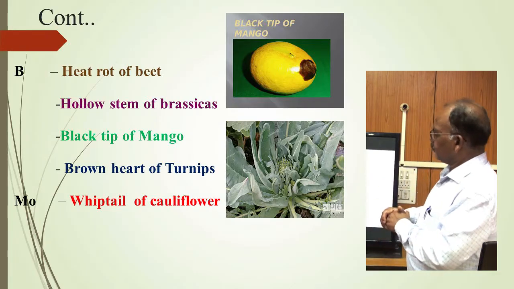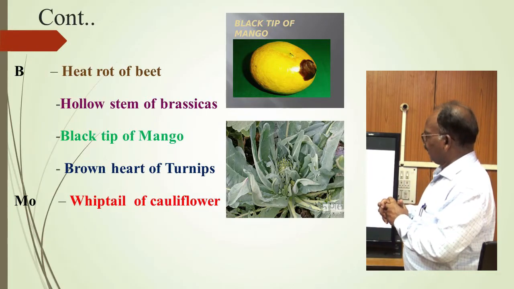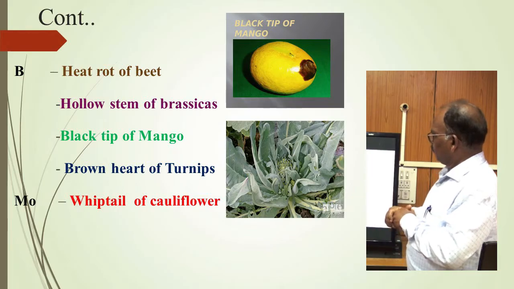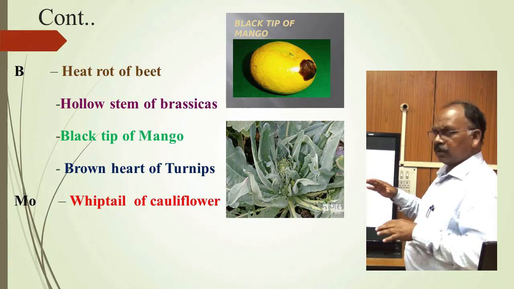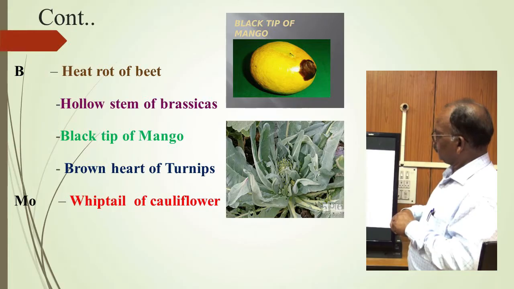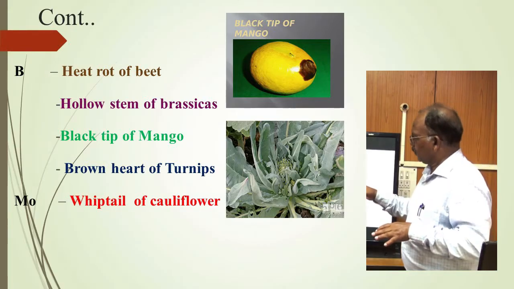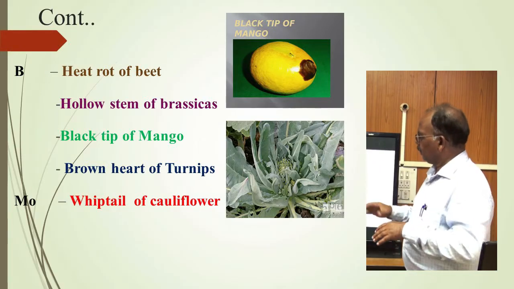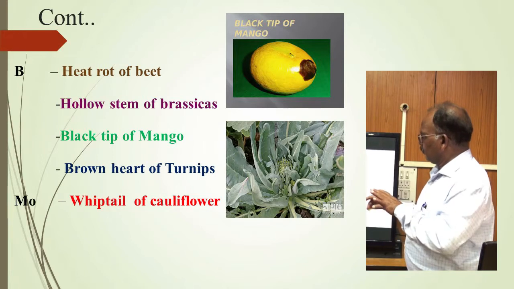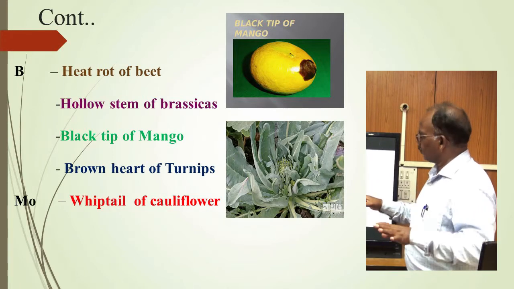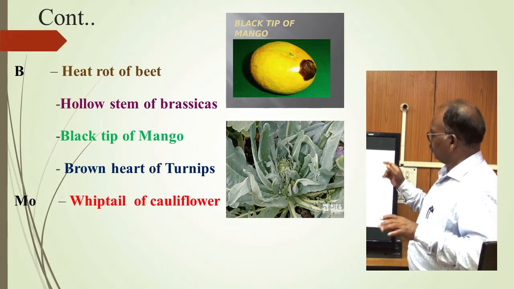Next one is molybdenum. Due to molybdenum deficiency, whiptail of cauliflower occurs. This is also a most important one. The symptoms appear as necrosis of leaf margin.